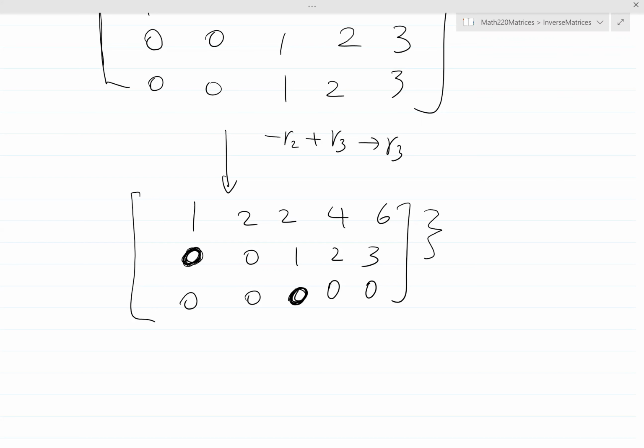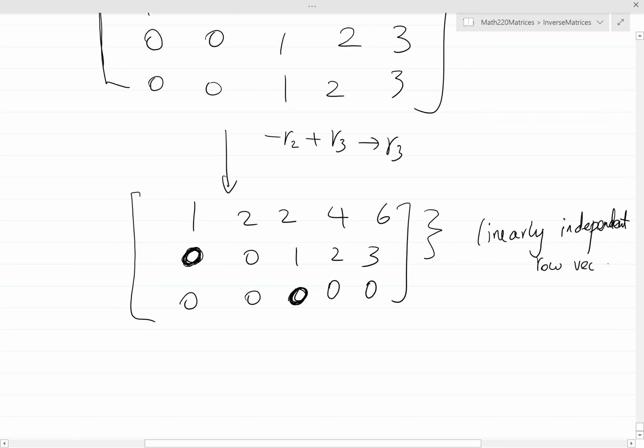Okay, so this means the first 2 rows are linearly independent. We have exactly 2 linearly independent row vectors. So we know that rank A in this case is 2.